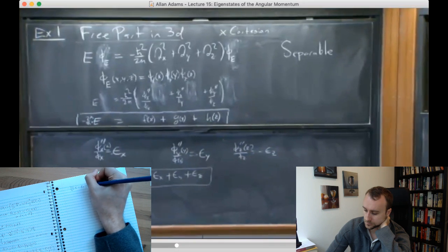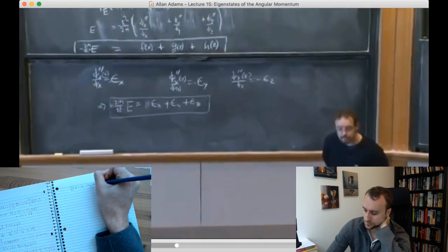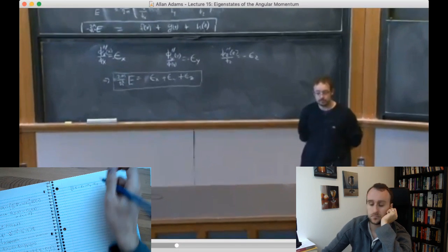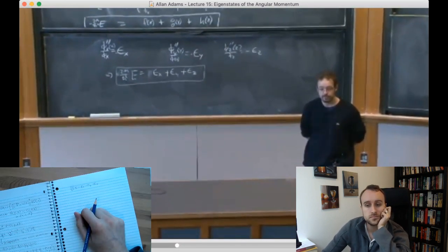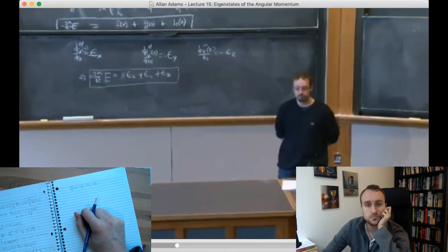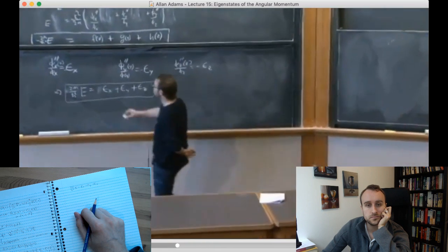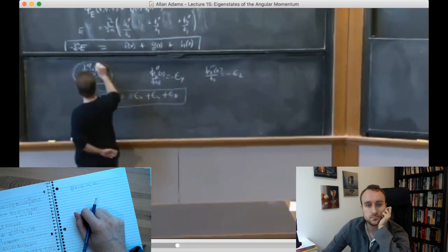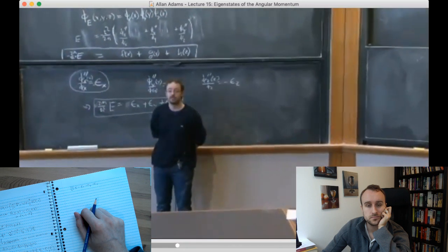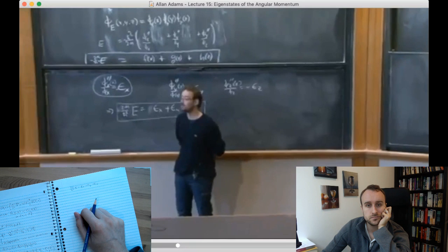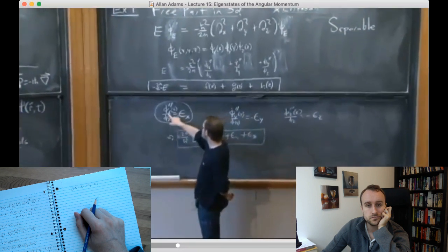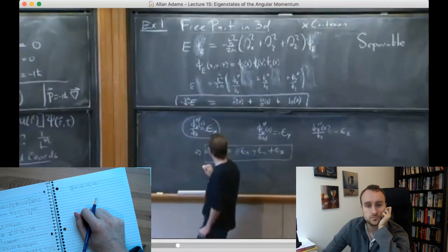Can epsilon x, epsilon y, and epsilon z be anything? Well, let's check. So what are the solutions of this equation? Let's write this in a slightly more familiar form.